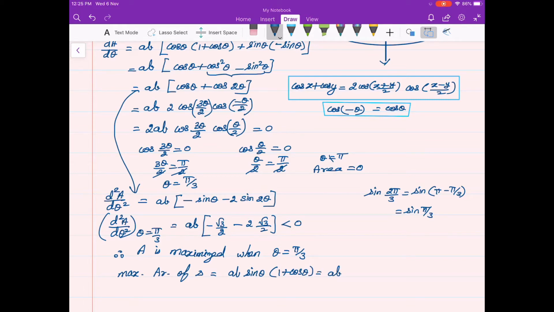We get ab sin 60. Sin 60 is root 3 over 2 and cos 60 is half. 1 plus half is 3 by 2. Root 3. 3 root 3 divided by 4 ab square units. This is the maximum area of the triangle.